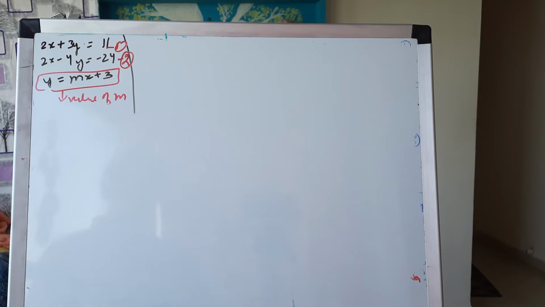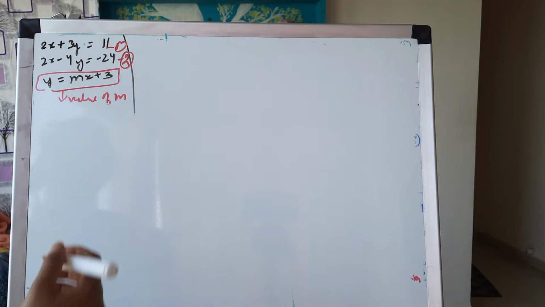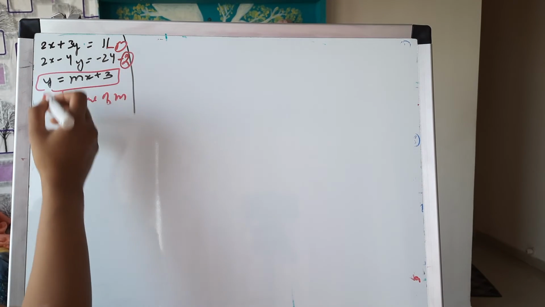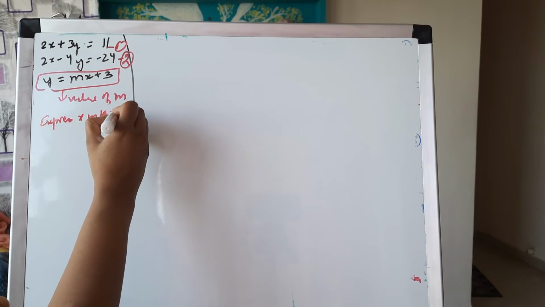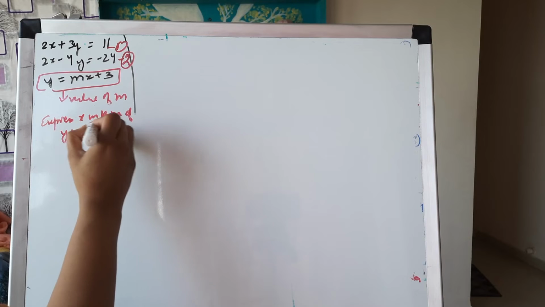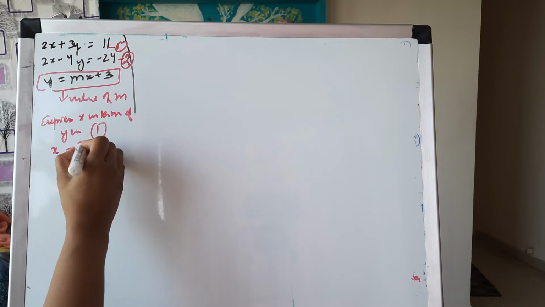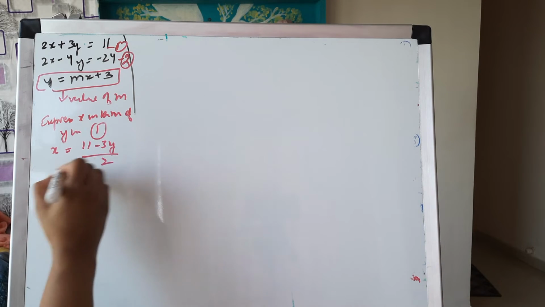Okay, so now in this question, we have to find the value of m here. First, we have to solve the equations for x and y and then find the value of m in the second equation. So what are we going to do? Express x in terms of y in 1, which becomes (11 minus 3y) by 2.